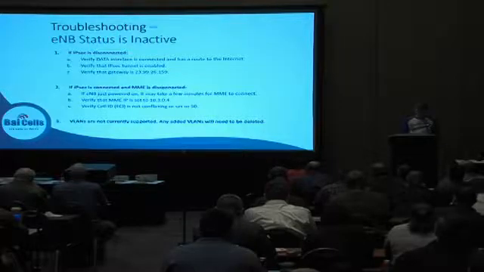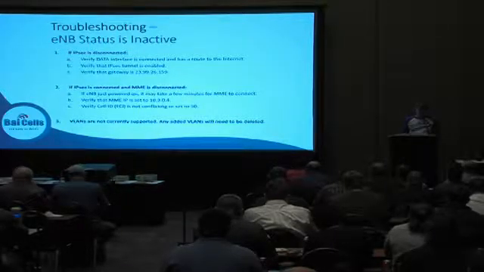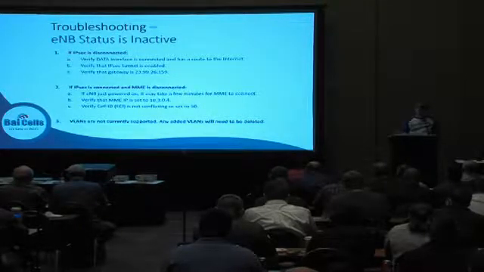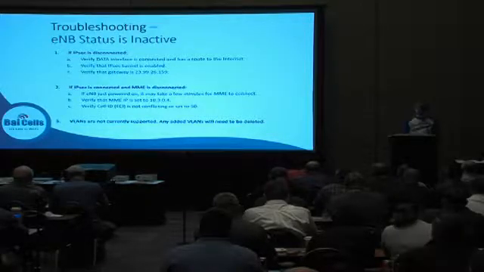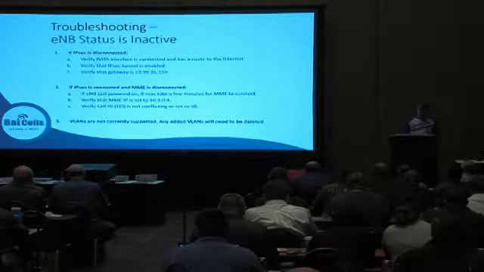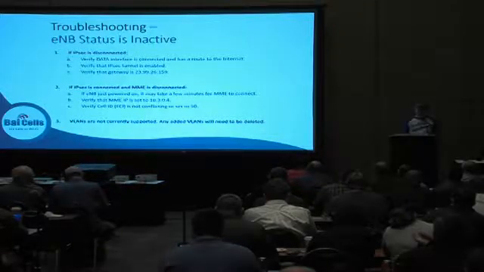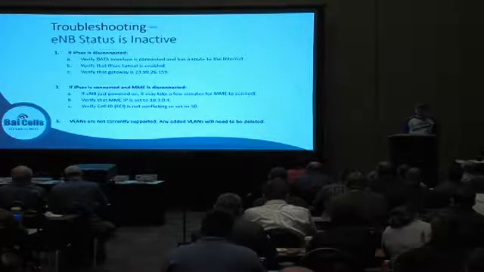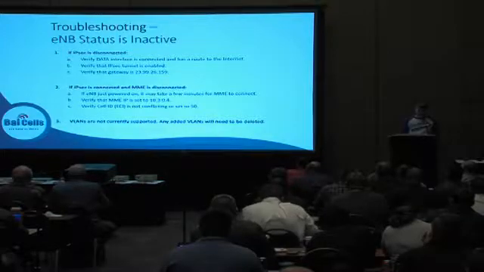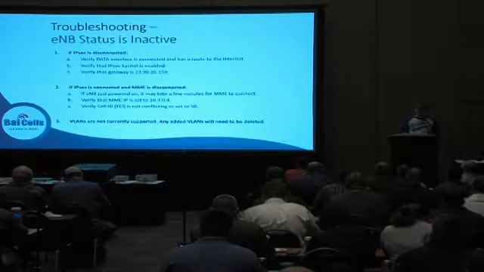So each eNodeB should have a unique cell ID. But if there's a conflict, we found that some with the wrong config were set to 50, and then someone else has an eNodeB set to 50, so they're flapping, fighting each other for the MME connection. So these are things to note if the MME is not connecting.